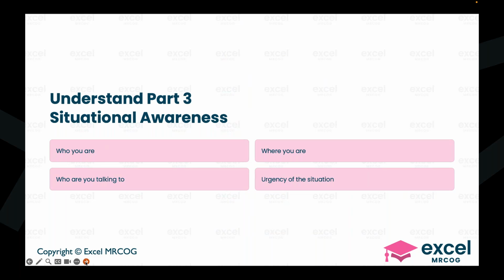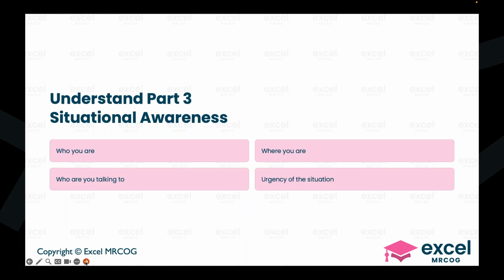It can come as a structured discussion wherein you are going to answer the examiner, or it can come as a simulated colleague task wherein it is given to you that you are the ST5 and you are about to see your senior midwife who is also posted on the labor ward for that shift. And you are expected to discuss the management plan for your patients with the senior midwife.